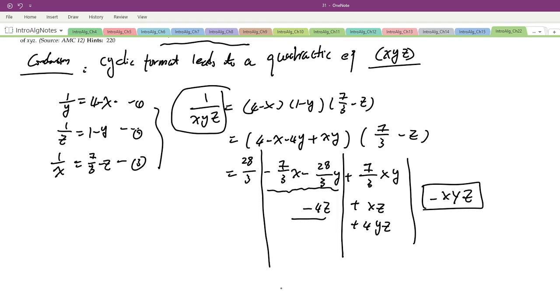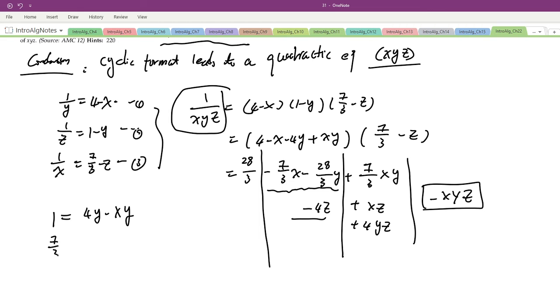So how do we cancel these two sections? Still, we need to start from here. We need the xy term, right? And the yz term. So now let's see. We multiply by y. So first we have 1 equals 4y minus xy, right? But we need the 7 over 3 xy, right?